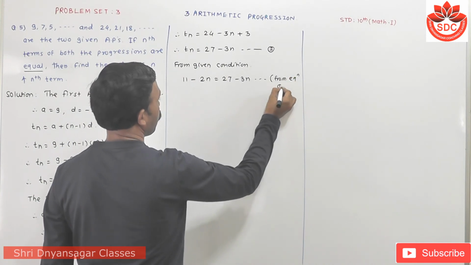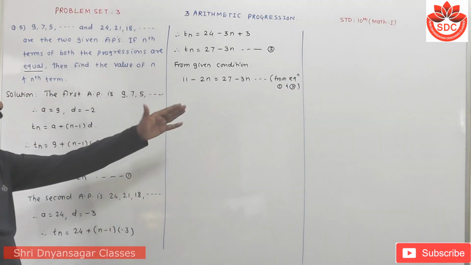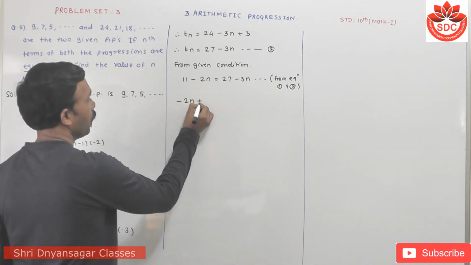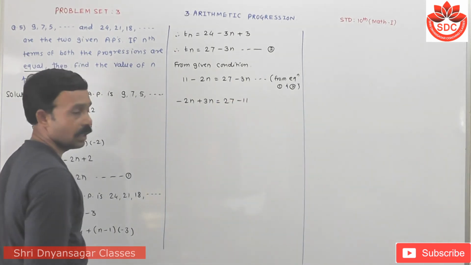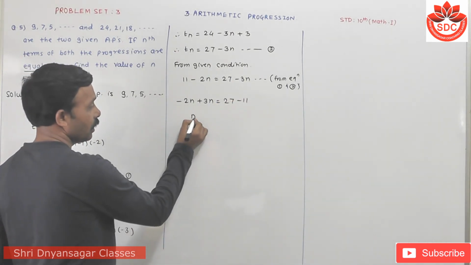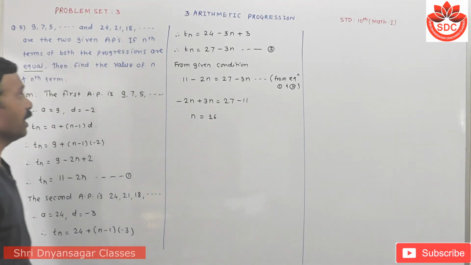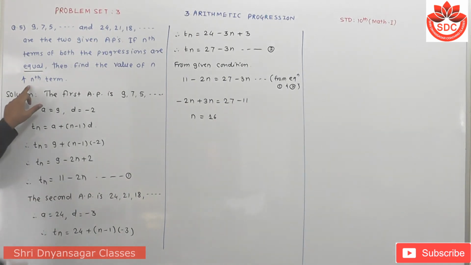Now transpose this 3n and 11 to this side, then minus 2n plus 3n is equal to 27 minus 11. Then this subtraction is n. The subtraction is how much? 16. Meaning the value of n is 16. We have to find the nth term.